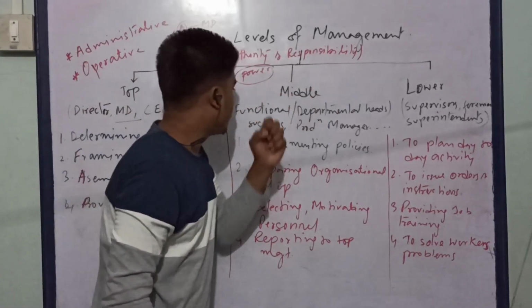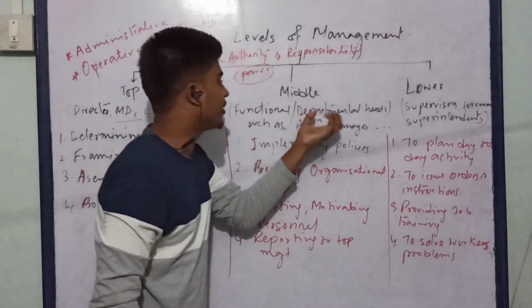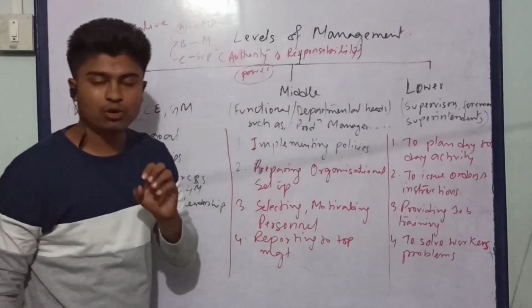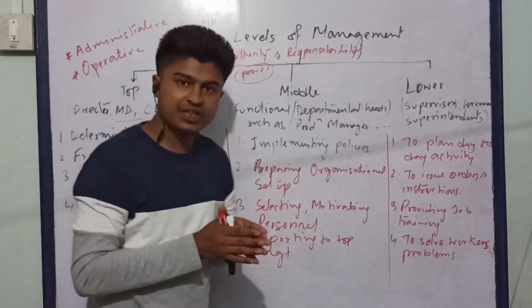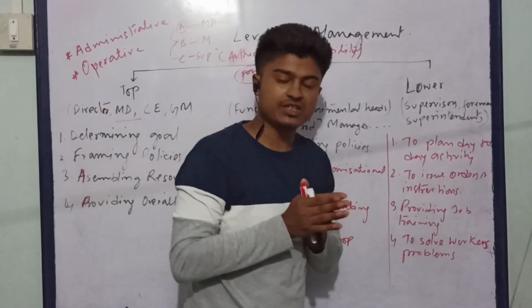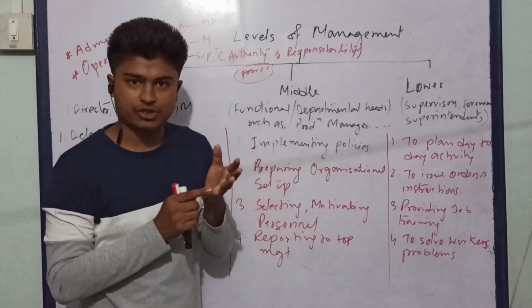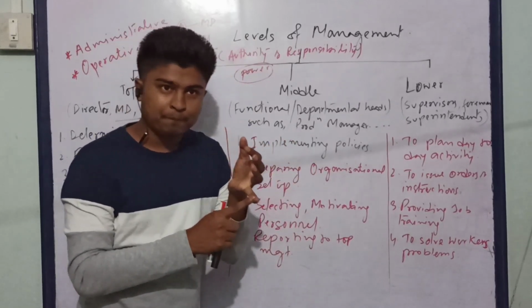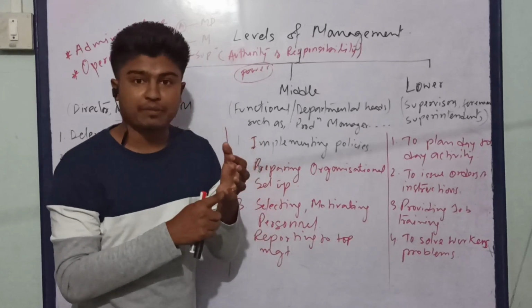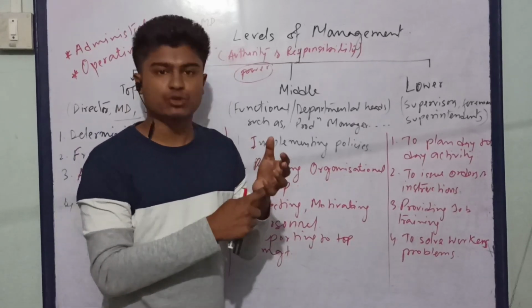And under top level, generally functional or departmental. See, functional or departmental means in a particular organization there are various types of departments or functions available. For example, production department, marketing department, finance department, or personnel department, or we may call human resource department.